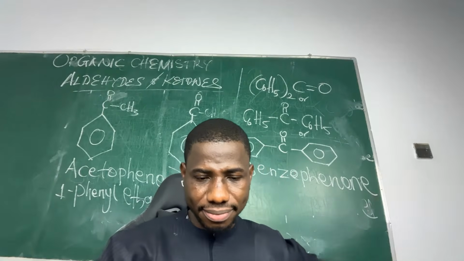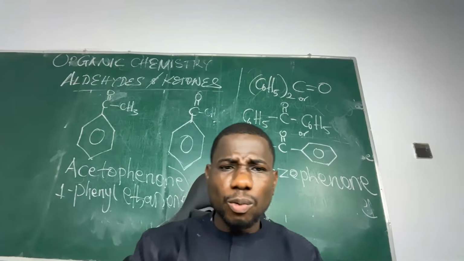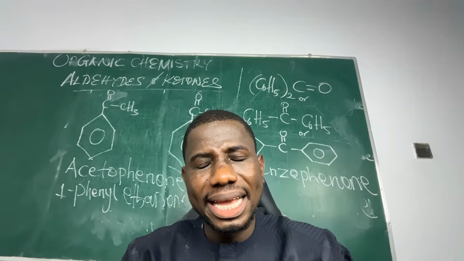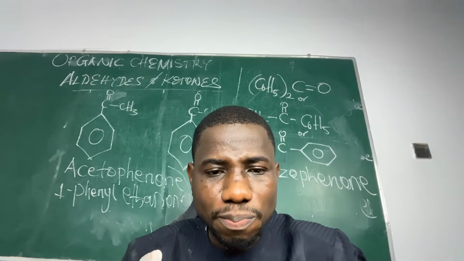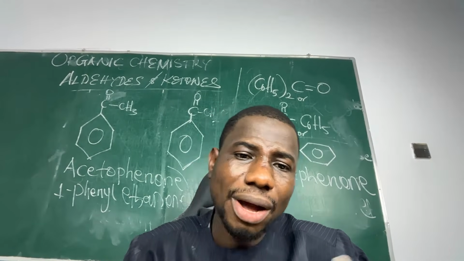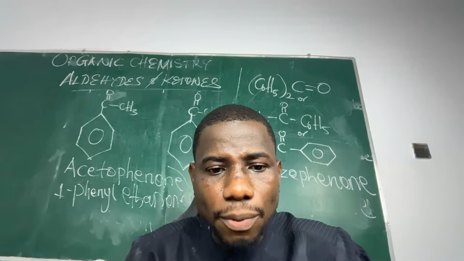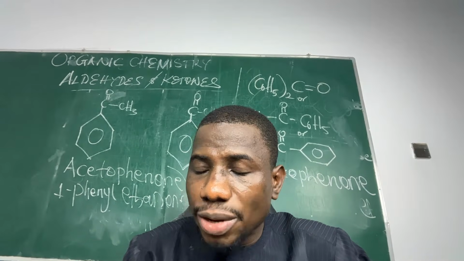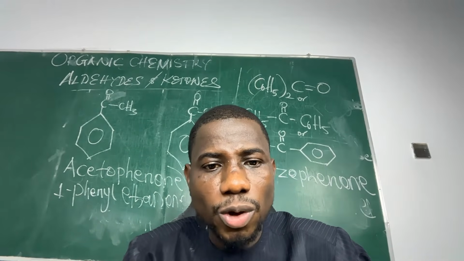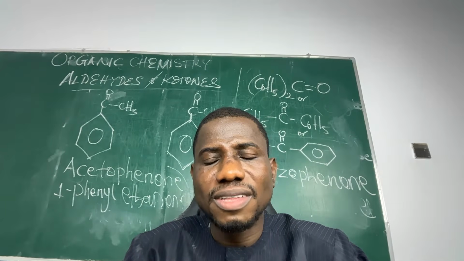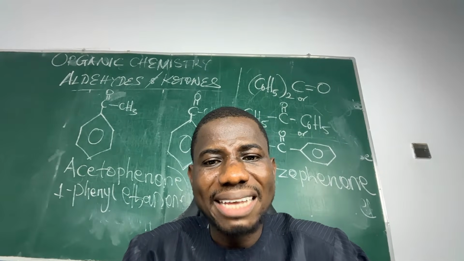The most important thing I want you to hear here is that the carbonyl group, present in aldehydes and ketones, or alkanals and alkanones, is polar, which means they will dissolve in water. The lower members will be soluble in water because water is a polar solvent. So put these points down.